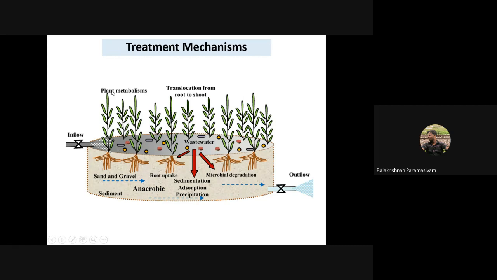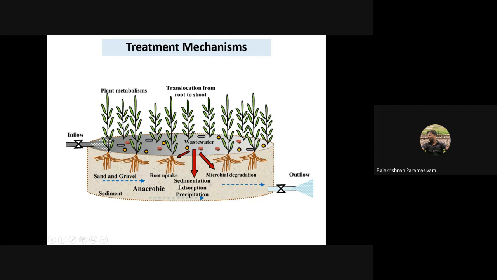That means plants will remove the pollutants. Generally these pollutants will be stored in the roots, stem and leaves of the plant. So the concentration in the sewage will be less. All the pollutants will be transferred to the shoot, that means the top portion of the plant.